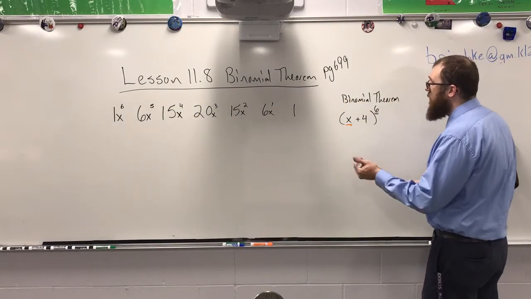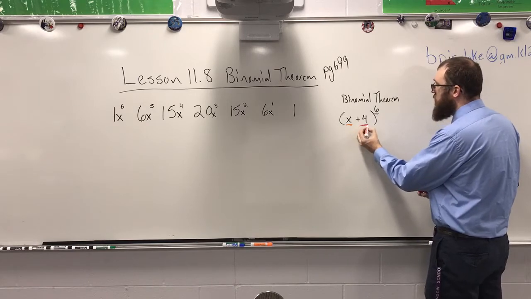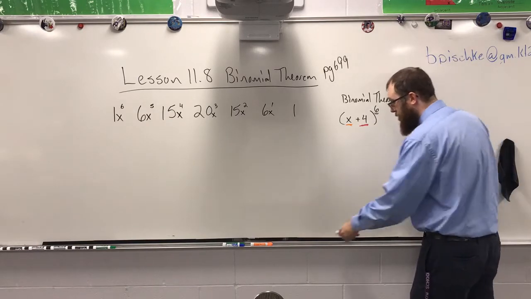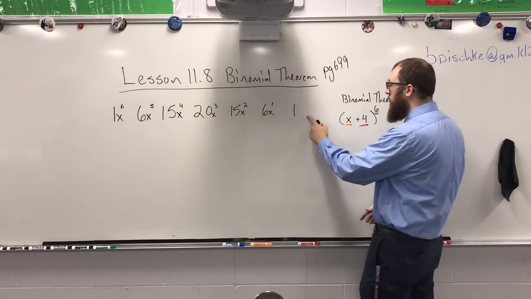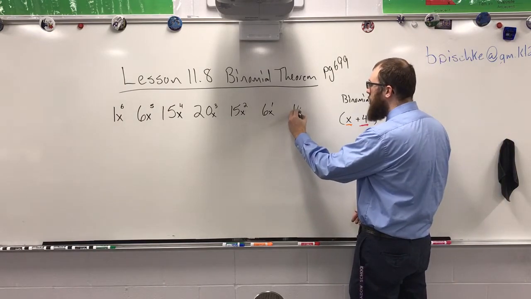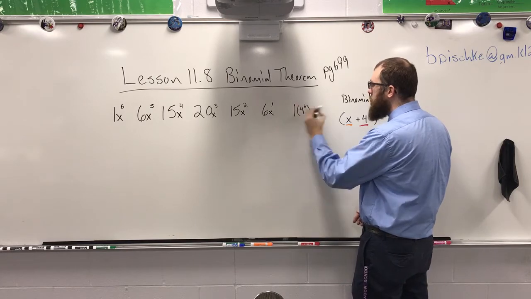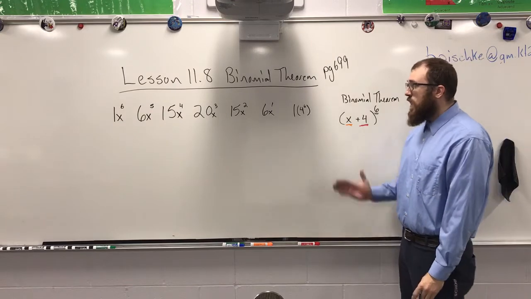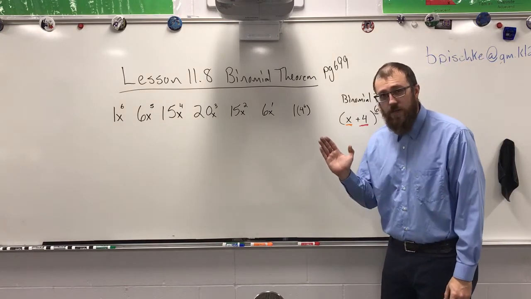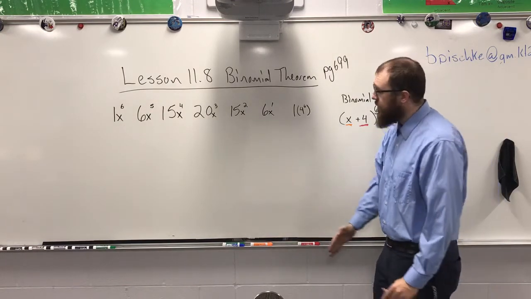Coming up from the other side, I'm going to use the other term. Over here, I'm going to start with 4 to the 6th power. And then I'm going to work it downward the other direction.